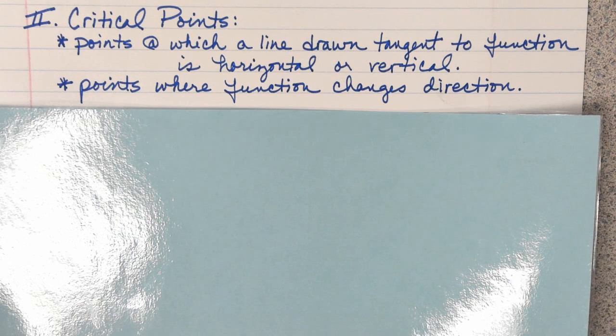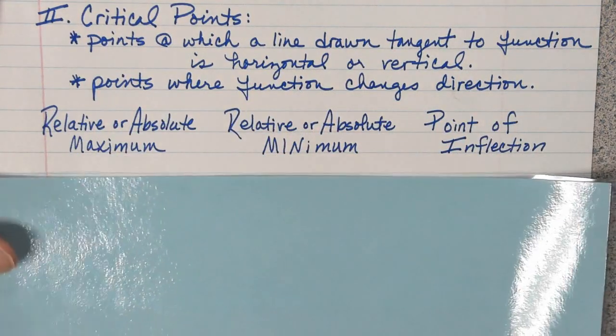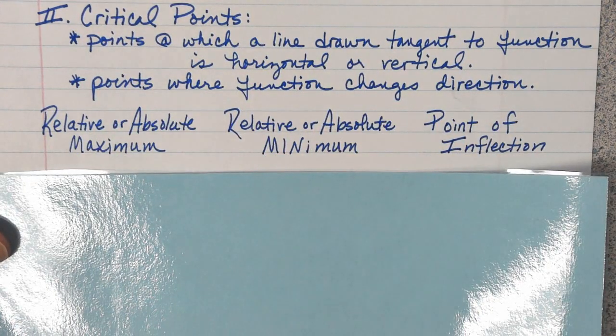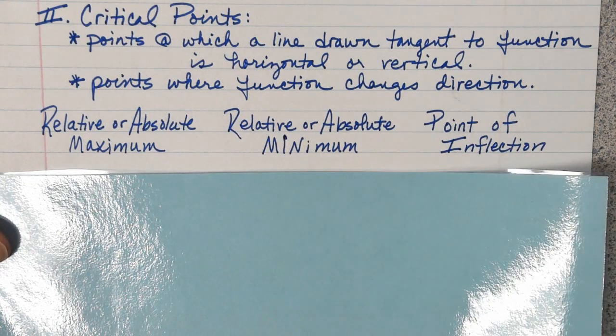You understand what these are. You've used these before. But you're basically talking about either a maximum, a minimum, or a point of inflection. Okay? Now, when you have a maximum, you can have what's called an absolute maximum or you can have a relative maximum.